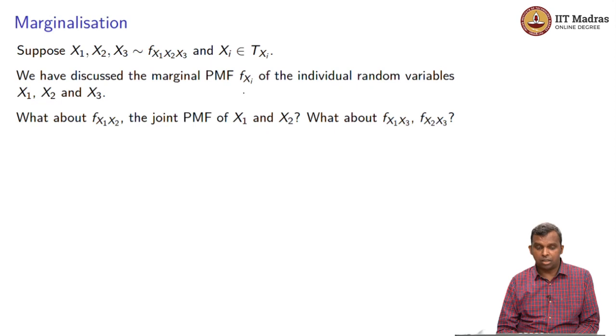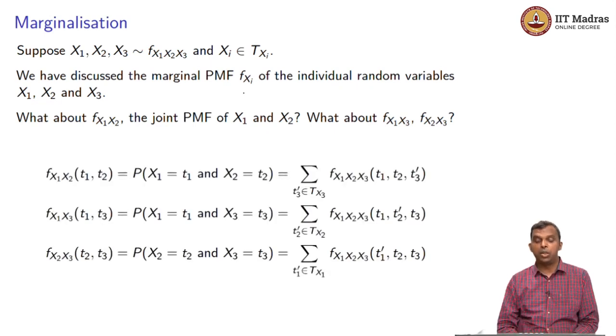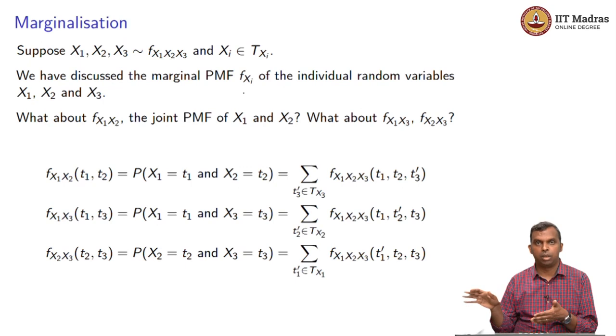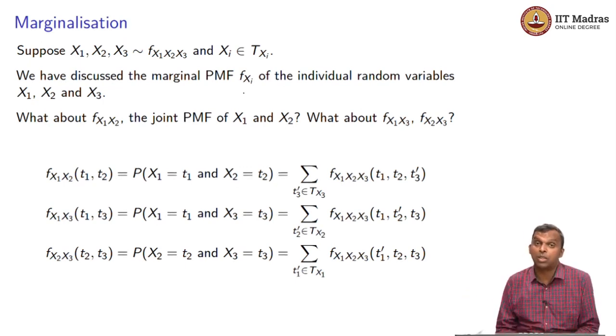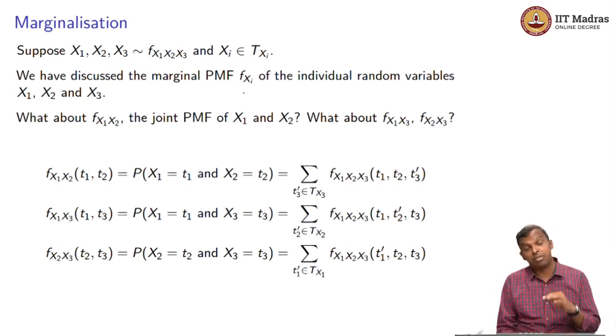It turns out this is very much possible, and you can do it exactly like before, the principle being: when you want to marginalize, keep only what you want and sum over everything you don't want. So that's the principle of marginalization. If I want the joint PMF of x1, x2, and I'm given the joint PMF f x1, x2, x3, how do I find f x1, x2?